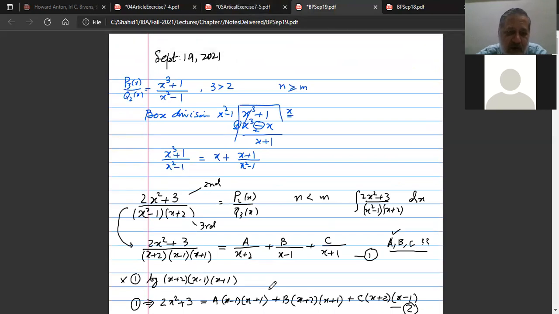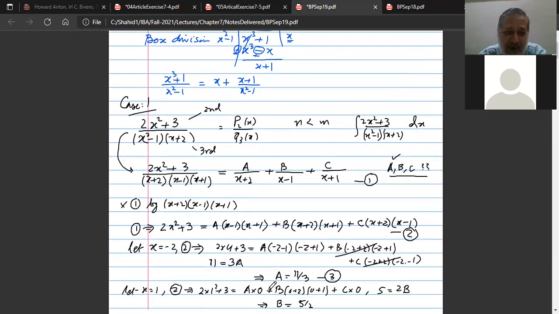That was case 1, where denominator has separate linear factors. Case 2 is denominator Q(x) has repeated linear factors.